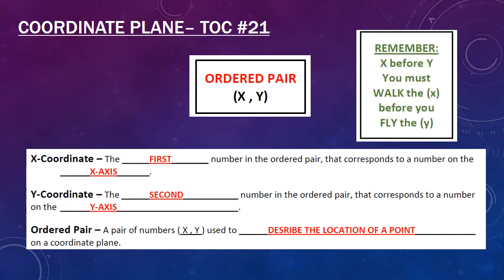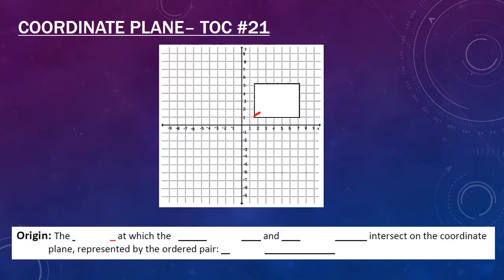You must walk the x before you fly the y. And that kind of helps you remember. So you got to walk the horizontal number line before you can fly up or down. So we'll explain this. It'll come together in just a little bit. I know this is a lot of words we're throwing at you. Hang in there.